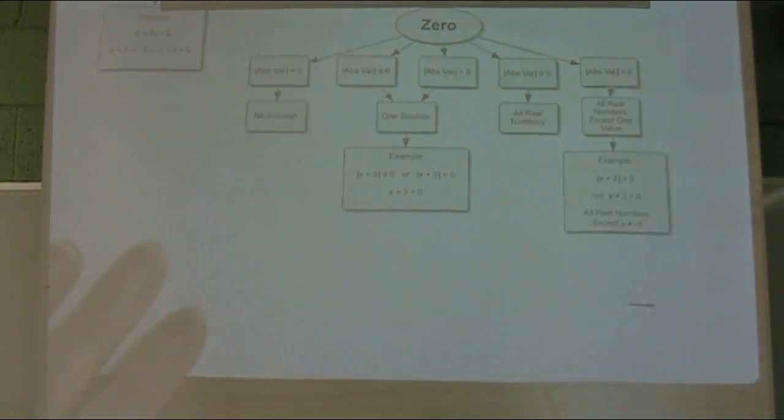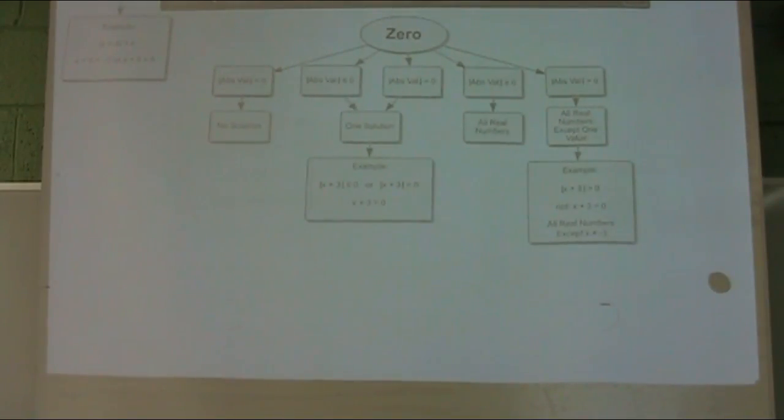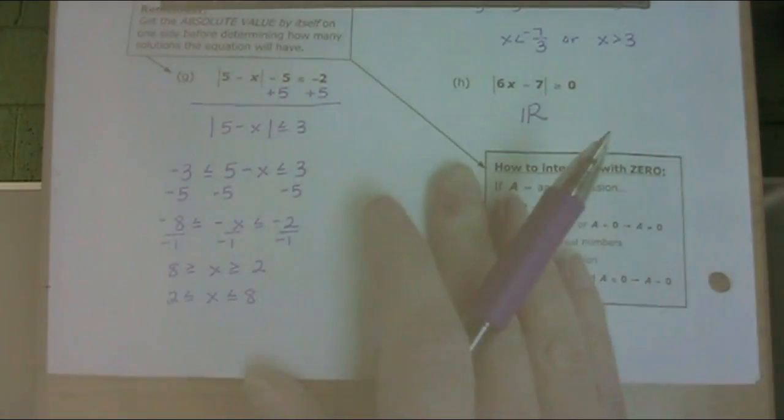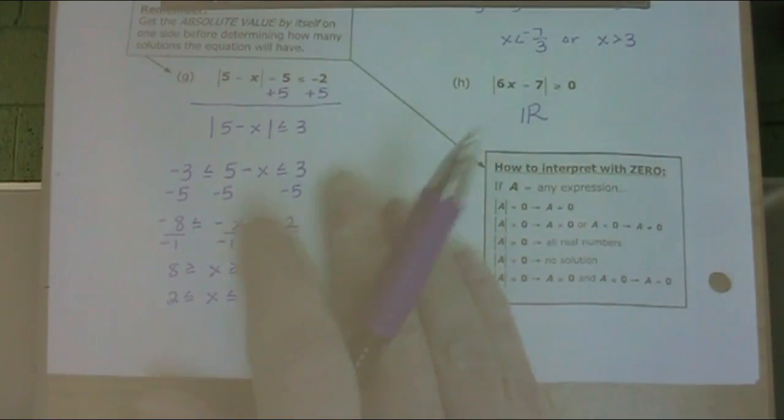And that's the value that makes it 0, because it can't be equal to 0. So you would figure out what makes it 0 by setting it equal to 0 and solving. And it's all real numbers except that one value. All right? So 0 is a lot more difficult to deal with than positive and negative numbers.